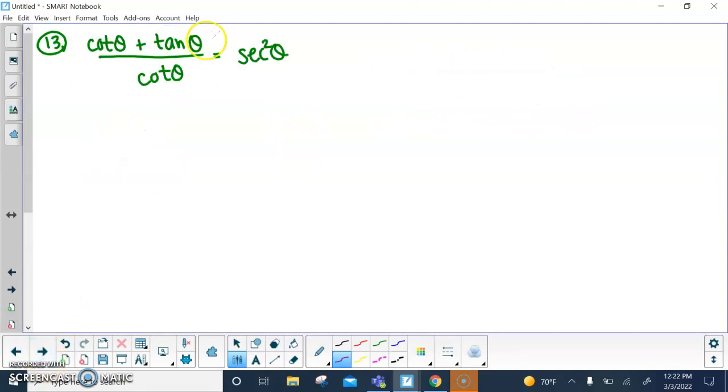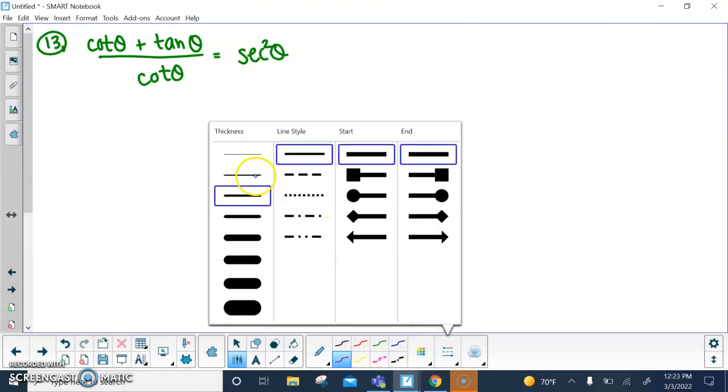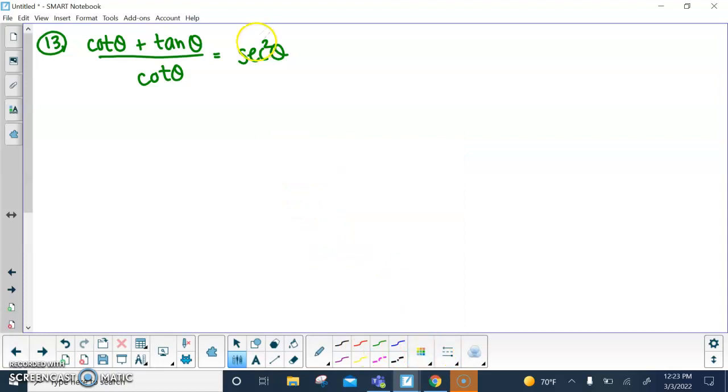All right, the next one I want to talk to you about is number 13. This is kind of a prereq into what we're going to start on Monday, which is proving these identities. We've seen some like this before back in section 4.3. So you want to rearrange one side or the other to make it match the other side.